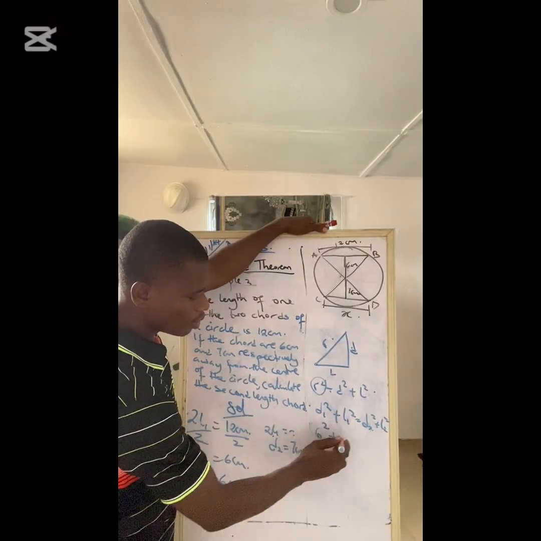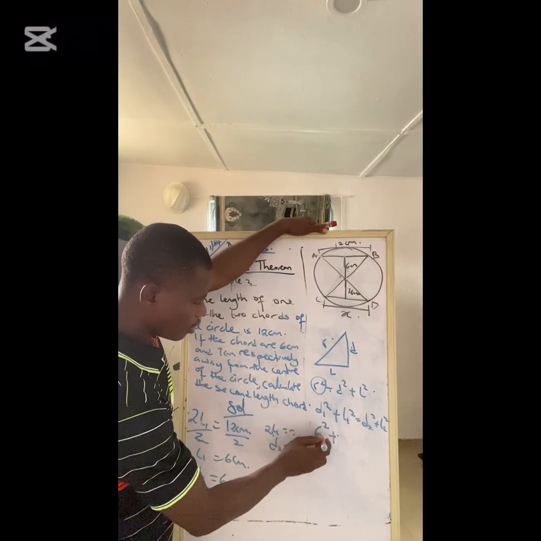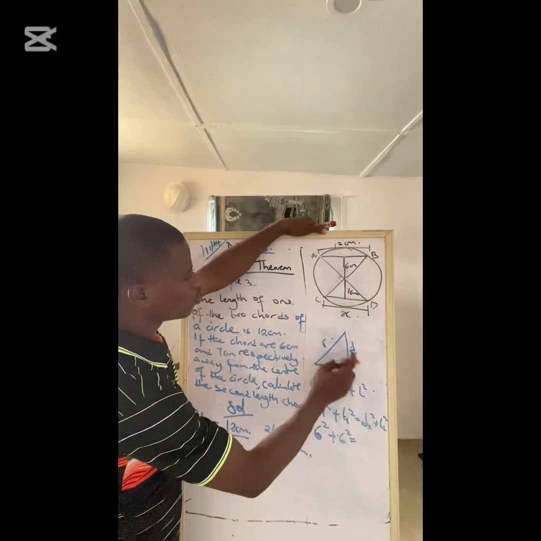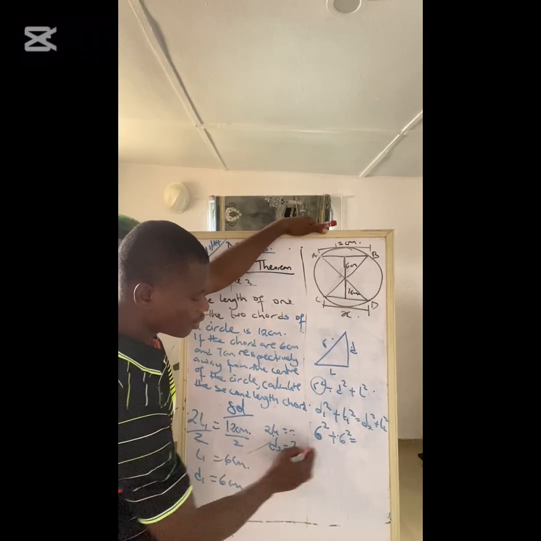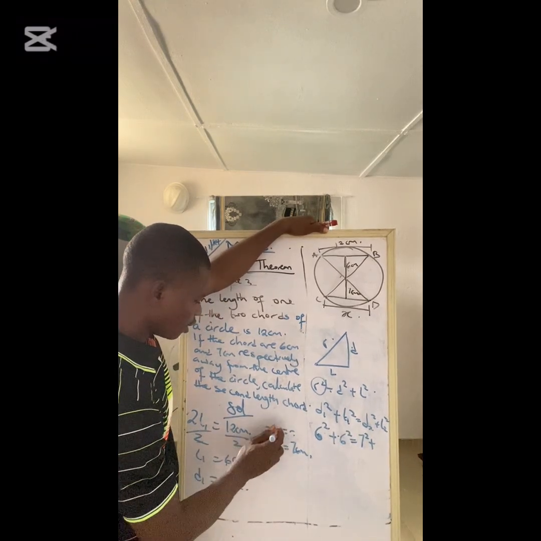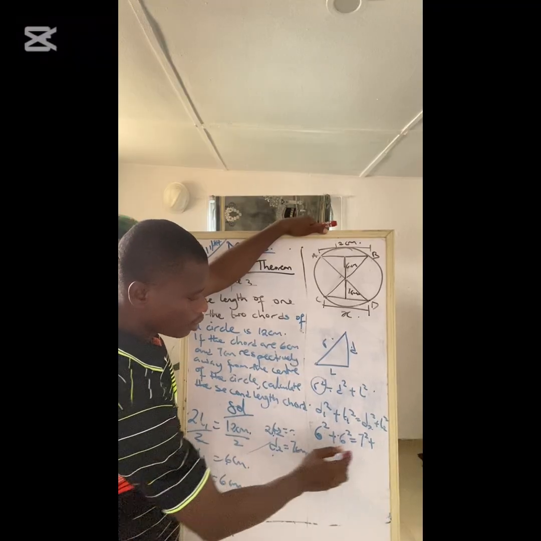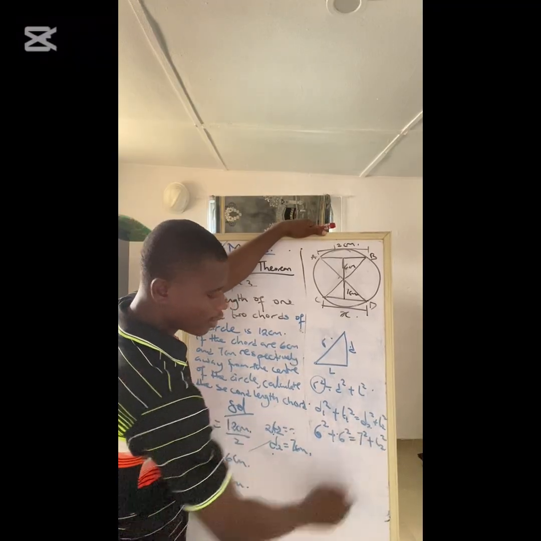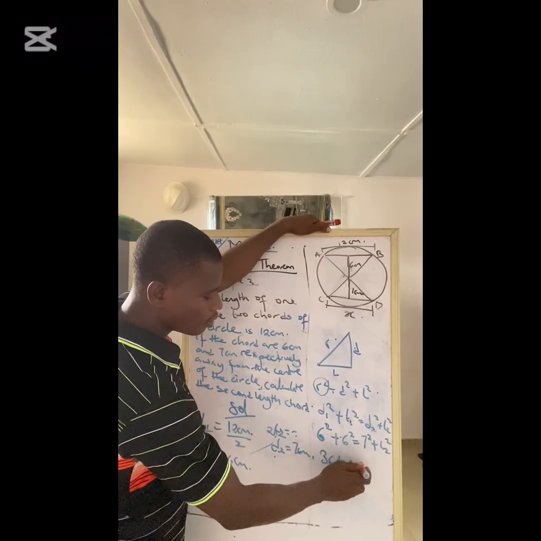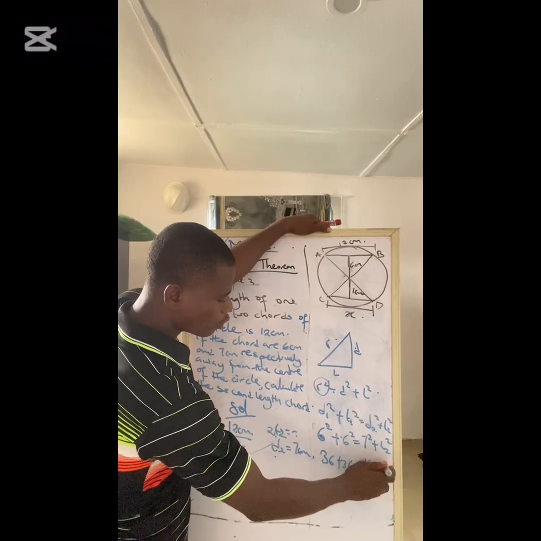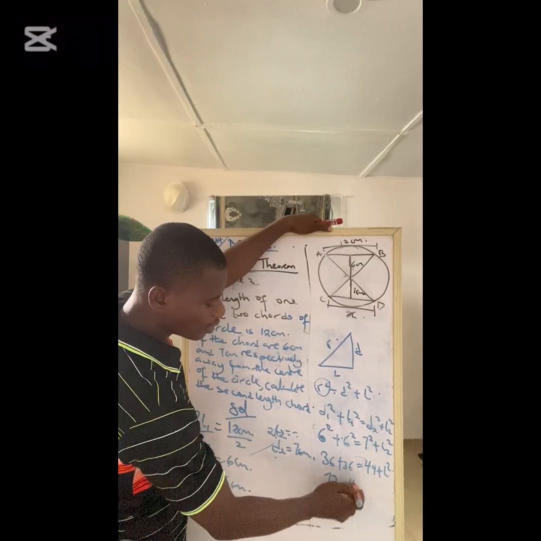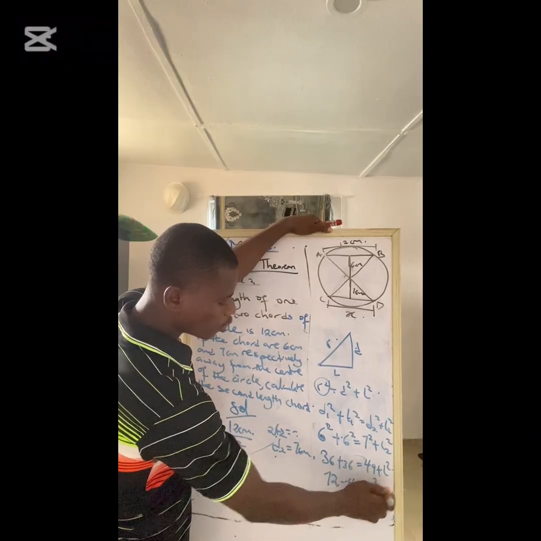So 6 squared plus 6 squared, equals the D2 distance, 7 squared, plus L2, which we don't know, all squared. So 36 plus 36 is equal to 49 plus L squared. So 72, bring this one inside, minus 49 is equal to L squared.